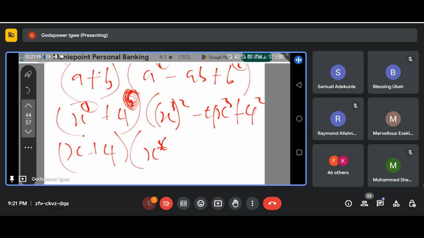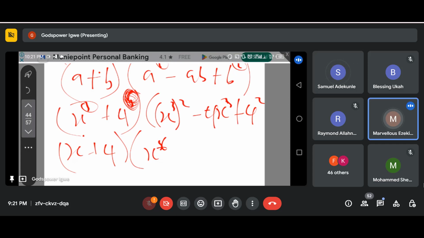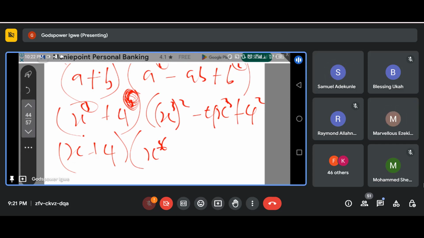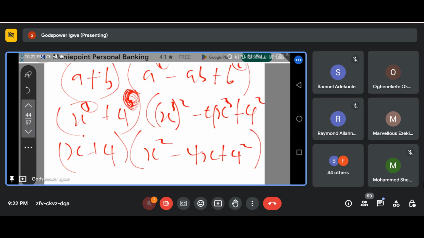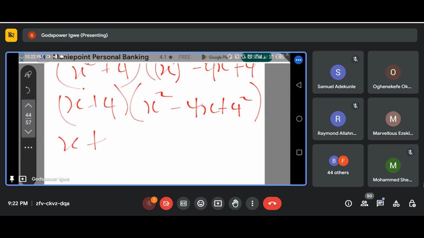This is already solved. 4x, and 4 squared is also 16. So x squared minus 4x plus 16.